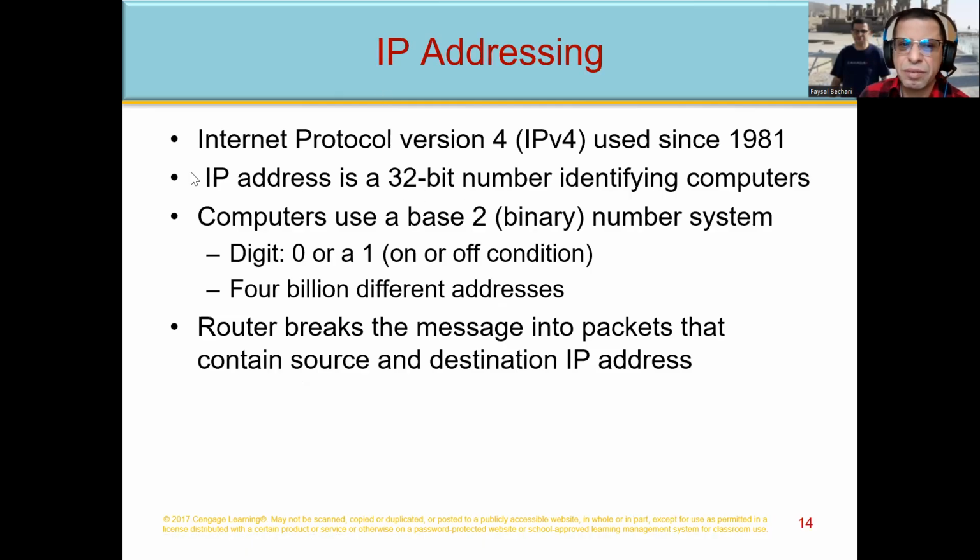So what's an IP address? An IP address is basically an Internet Protocol version 4, IPv4, and it's been used since 1981. An IP address is a 32-bit number that identifies the computer it comes from, and computers use base 2, usually 0 and 1, which are binaries, off and on, and there can be over 4 billion different addresses.